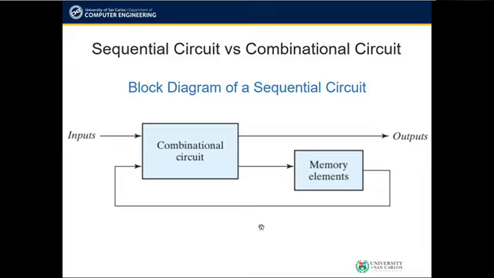A sequential circuit, on the other hand, is similar to a combinational circuit as seen here, where there is a combinational circuit that accepts inputs and generates outputs. However, the difference is here, where there are memory elements involved in the circuit. These memory elements take inputs from the combinational circuit and generate outputs that are used as feedback inputs to the combinational circuit.